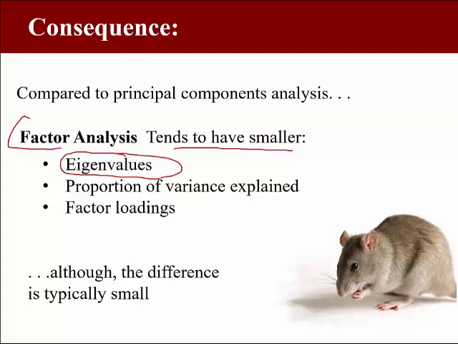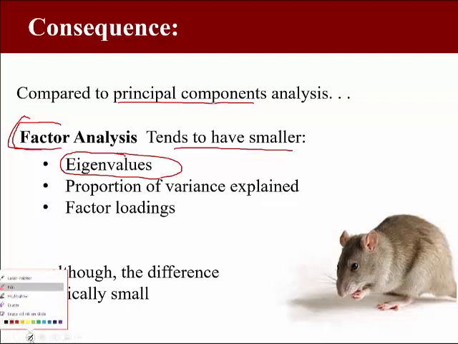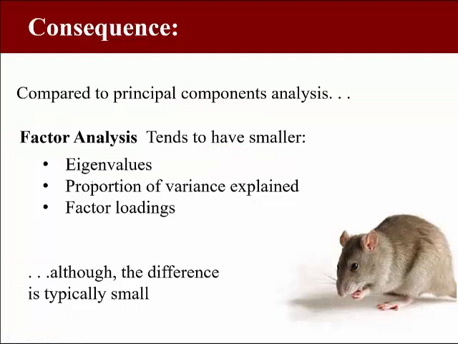After we make that allowance for measurement error, these eigenvalues will probably be a little bit smaller than the eigenvalues we would have gotten from a principal components analysis. And so if we take our eigenvalues and divide by the number of items to get the proportion of variance explained, we will probably have slightly smaller amounts of variance explained. So we'll have smaller eigenvalues and a smaller proportion of variance explained by each factor. And also our factor loadings will be a little bit smaller.